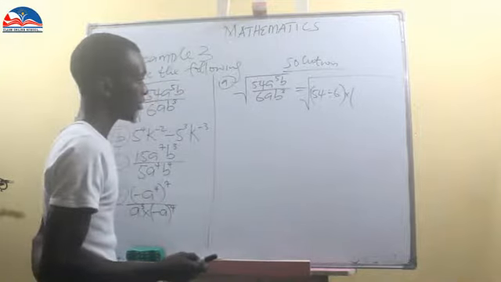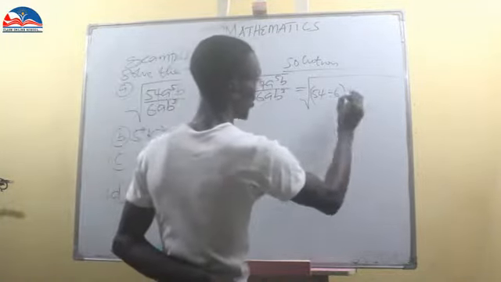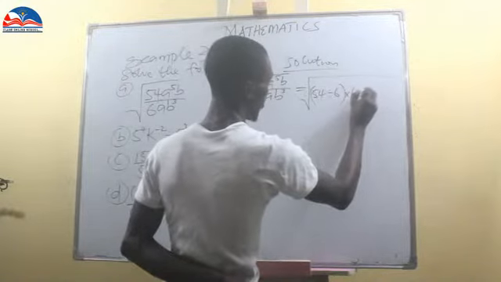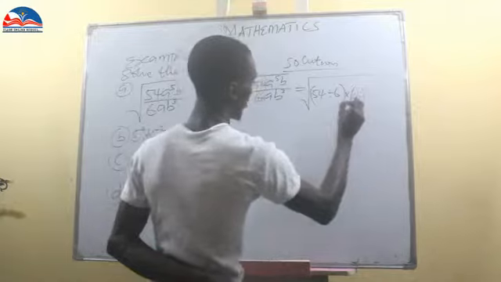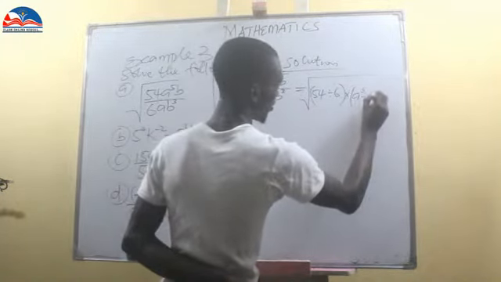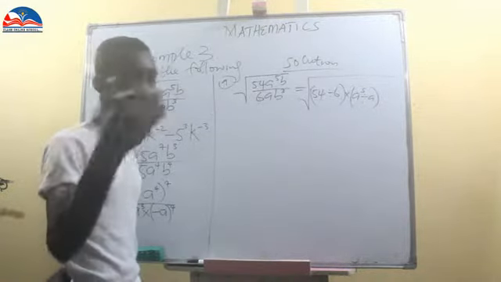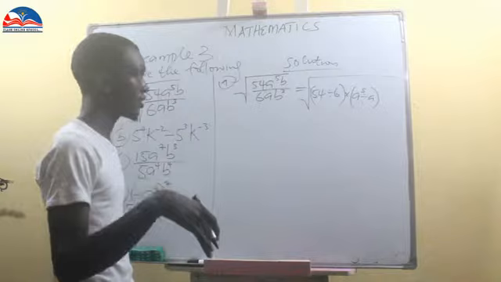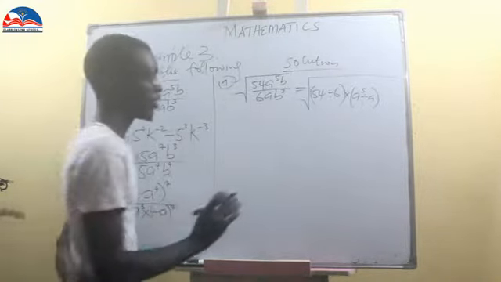Now, what I will do is, a^5 divided by a, enclosed in a bracket. I'm trying to put it in another format, I'm trying to remove it from fraction.